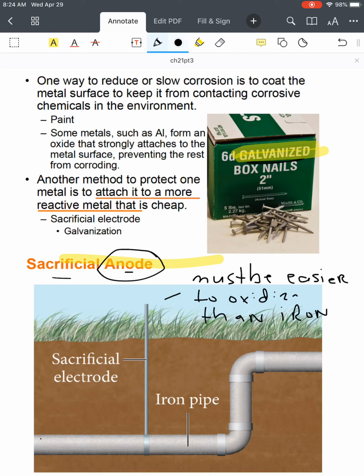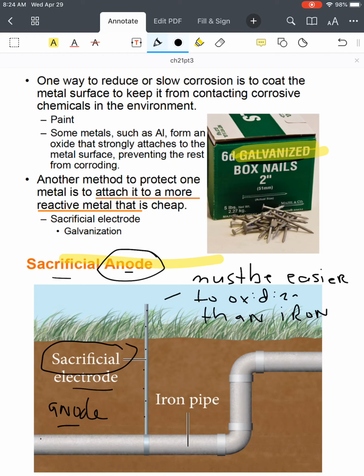And that's why we call it a sacrificial anode or sacrificial electrode. Oftentimes it's a sacrificial anode because that's where oxidation occurs. So the electrons are produced, they flow into the pipe and protect it. It's also sacrificial, meaning that over time, the material that makes up this electrode will get oxidized away. And that's by design.